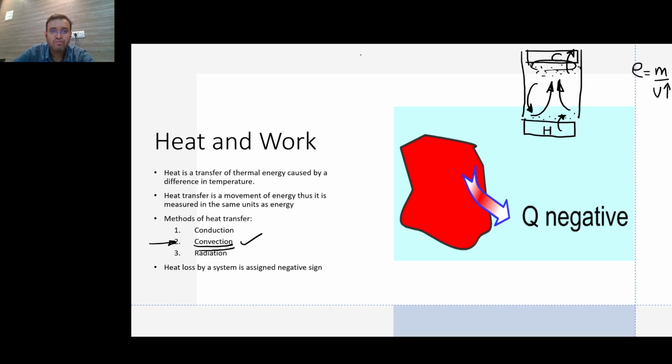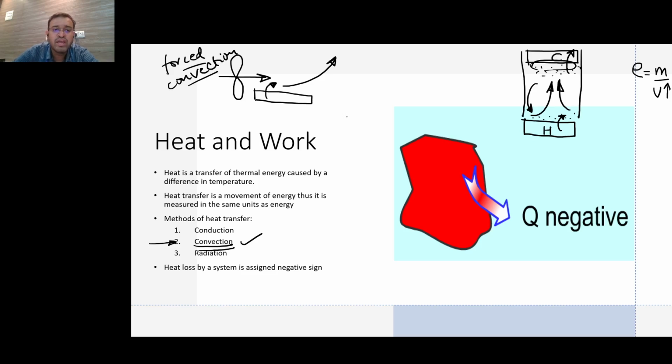In forced convection, you're forcing the fluid onto the surface. For example, you have a fan and you have a hot surface. The fan continuously blows the cold fluid onto the hot surface, where it takes the heat via conduction, and the heat is carried away via convection. So this is an example of forced convection.